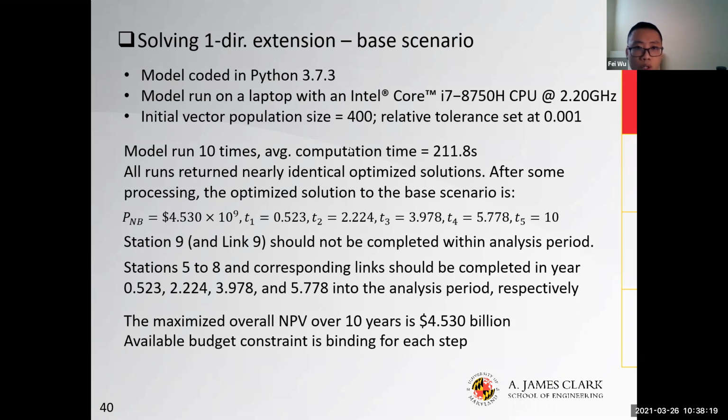This is the net present value for the optimized solution, while the completion times for these steps are listed. In this case, station 9 is not completed within the analysis period, while stations 5 to 8 are completed at these times.